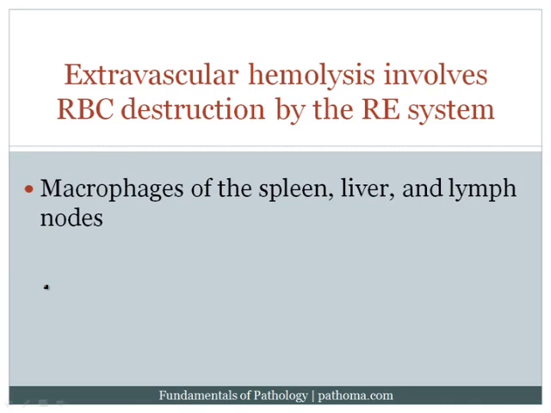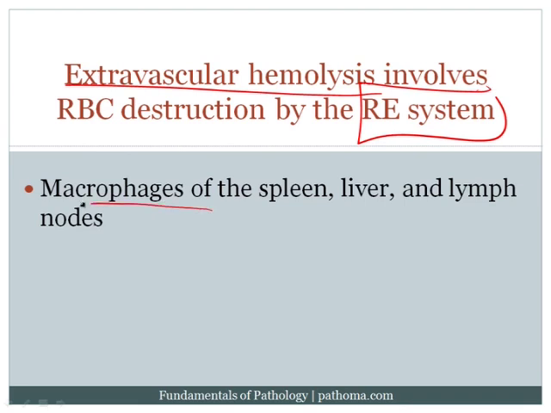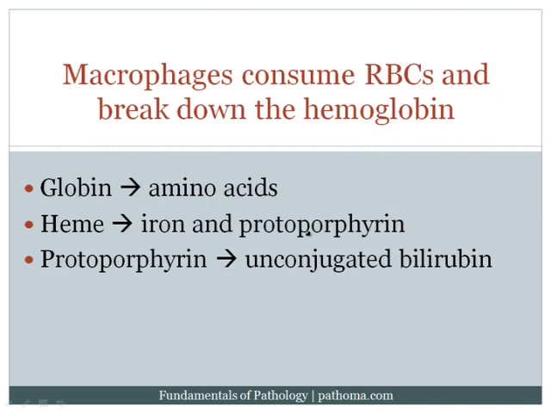Recall that I said that in extravascular hemolysis, the red blood cells are destroyed by the reticuloendothelial system. The reticuloendothelial system is made up of the macrophages of the spleen, liver, and the lymph nodes. And the macrophages consume red blood cells and then break down the hemoglobin.